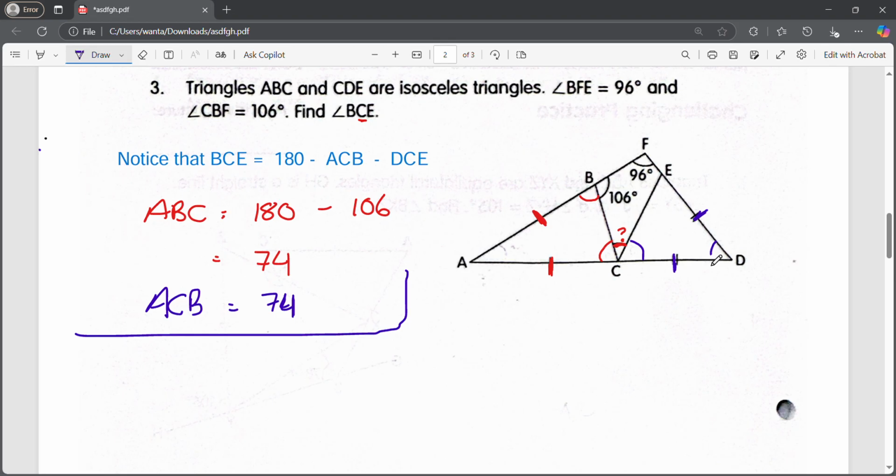If maybe we can find this, we'll be able to find the other two. In an isosceles, if we know one of the angles, we can find the other two. In this picture we can see that the angles ACD and CED are the same. So let's try to find CDF, this angle.